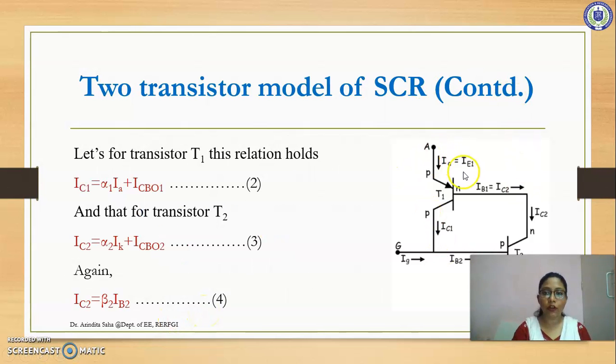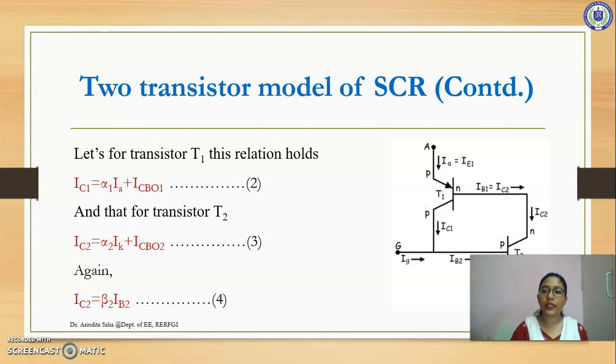Considering this figure for transistor T1, the first transistor, we see that IC1 is the collector current, IB1 is the base current and IE1 is the emitter current, which is also the anode current. So we can write IC1 is equal to alpha 1 into IA plus ICBO1.